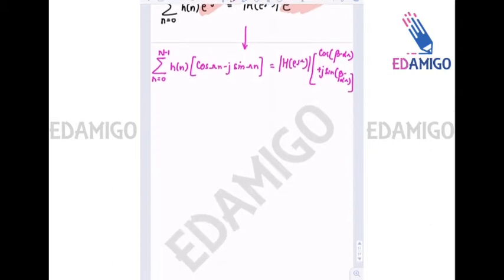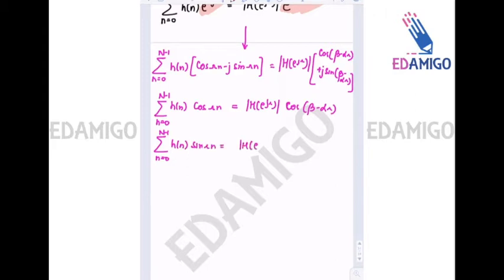Now comparing the real and the imaginary part, we will get summation n equal to 0 to capital N minus 1 hn cos of sigma n is equal to the magnitude cos of beta minus alpha sigma, and sine of, so there is a minus sign also, sine of beta minus alpha sigma.